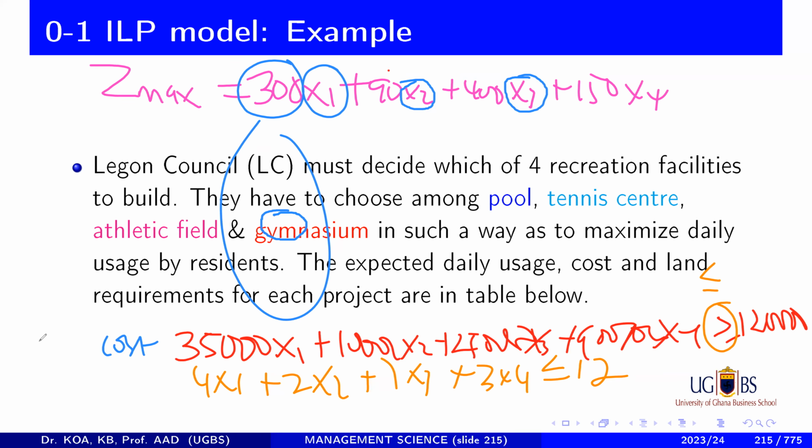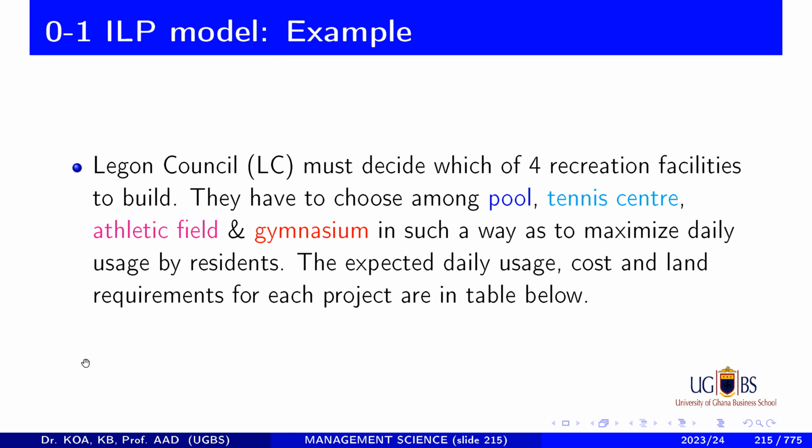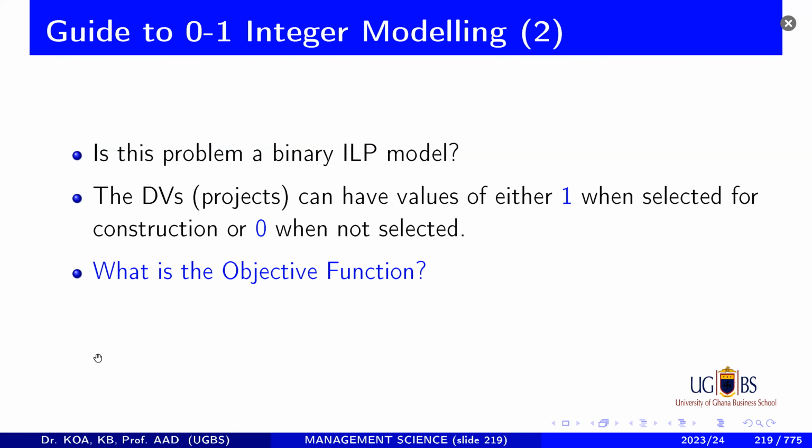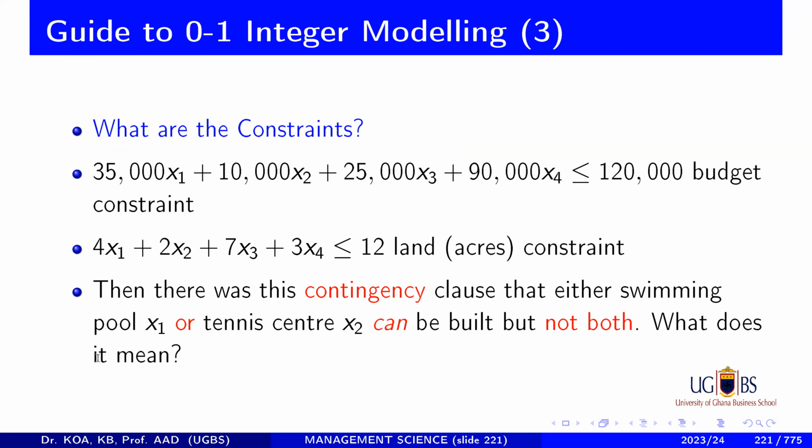You either build one of them and not the other. So x1 plus x2 should be less than or equal to 1.